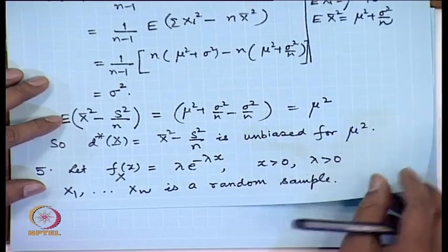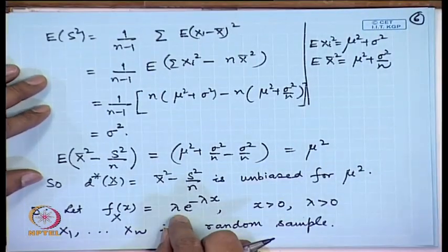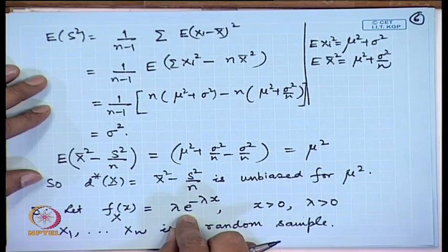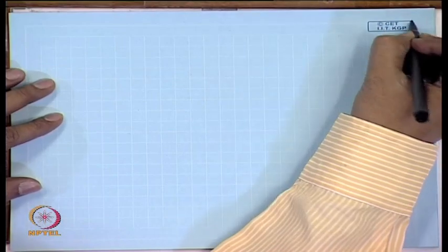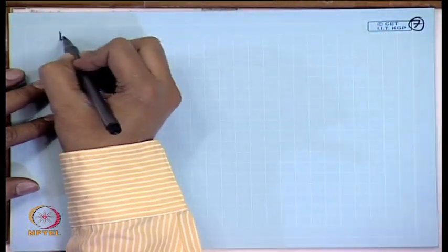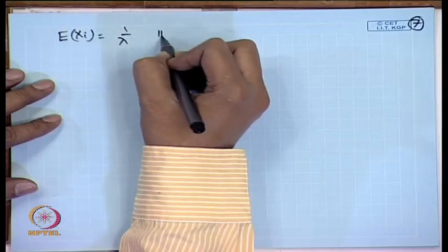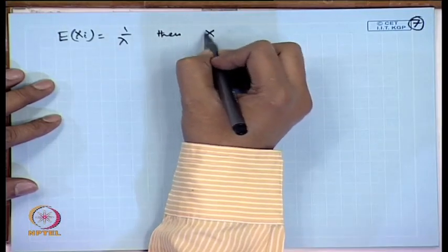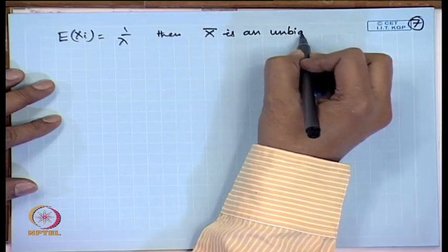Now, here we know that the mean of the exponential distribution is the reciprocal of the rate, that is 1 by lambda. So, if we use this here, expectation of X_i is equal to 1 by lambda, then this gives us that x bar is an unbiased estimator for 1 by lambda.